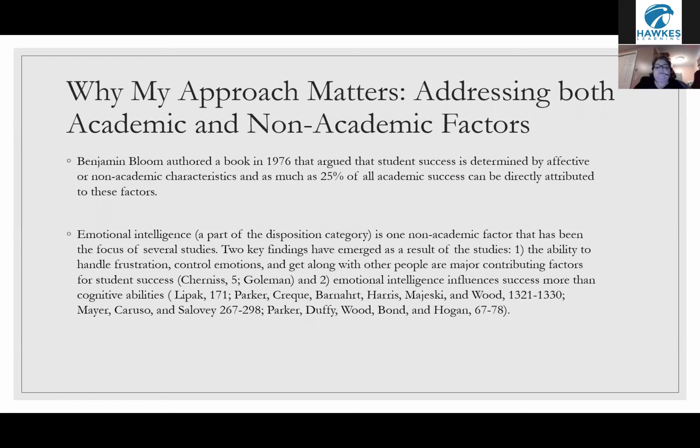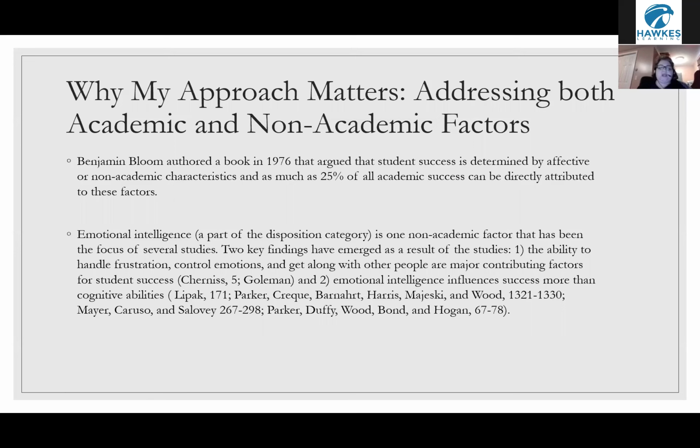As much as 25% of academic success can be directly attributed to non-academic factors. Emotional intelligence is heavily debated in the world of pedagogy and in English, and of course, we know that it matters tremendously. That's part of that disposition category. Another non-academic factor has been the focus of tons of studies, and 2 key findings have emerged as a result of every single study.